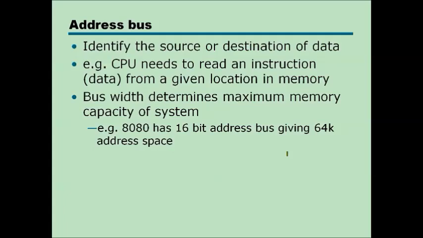The address bus identifies the source or destination of data. For example, the CPU needs to read an instruction from a given location in memory. So the bus width determines the maximum memory capacity of the system. So for example, the Intel 8080 microprocessor has a 16-bit address bus giving a 64K address space.